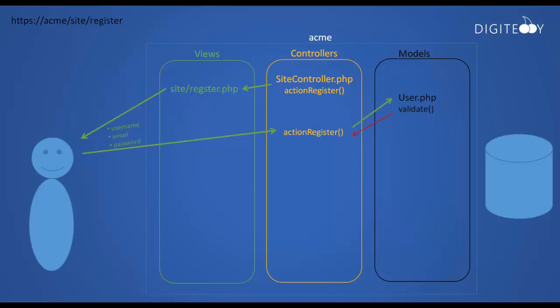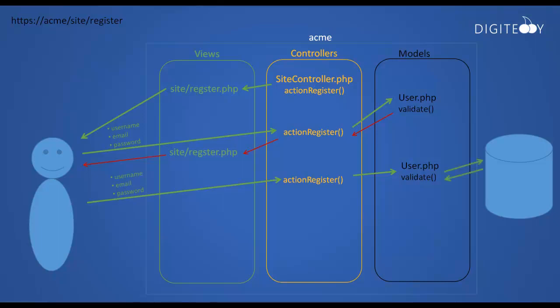For example, some data was incorrect or not valid. For example, the email address was not correct, or the password was too short, or some other rule was violated in our user model. So in this case, we tell the user something was incorrect. Then the user tries again and sends again username, email and password. And in this case, we also check if the data was correct.